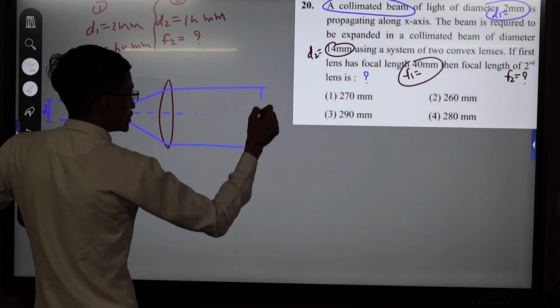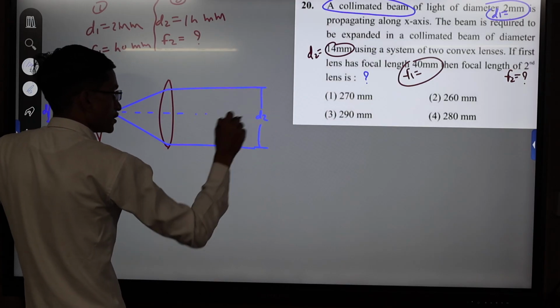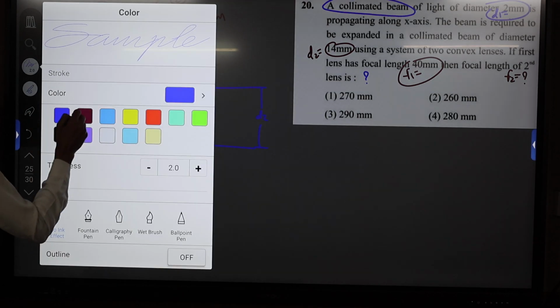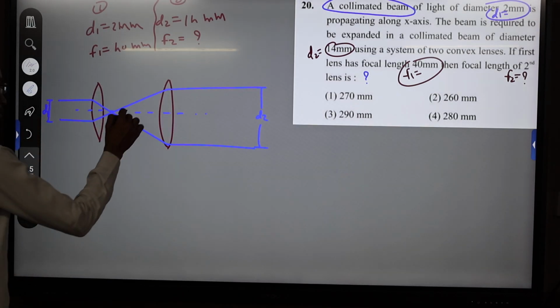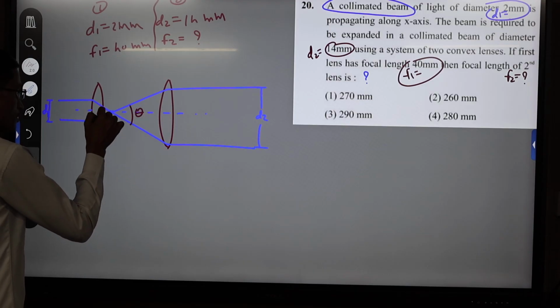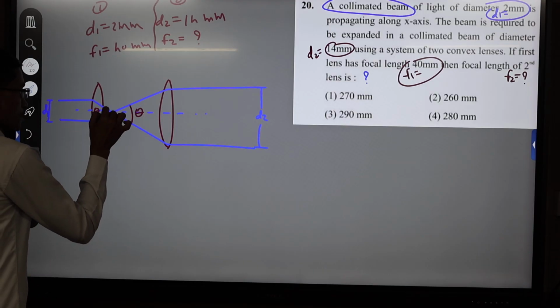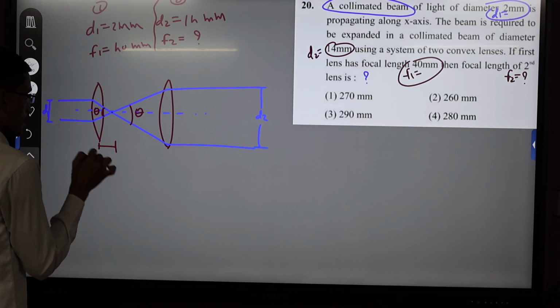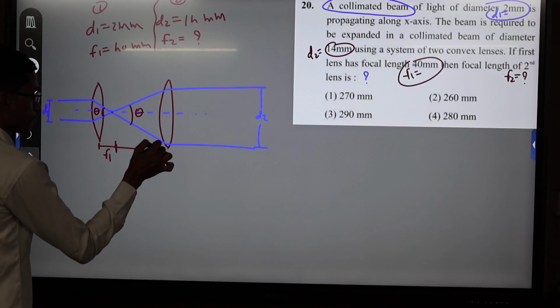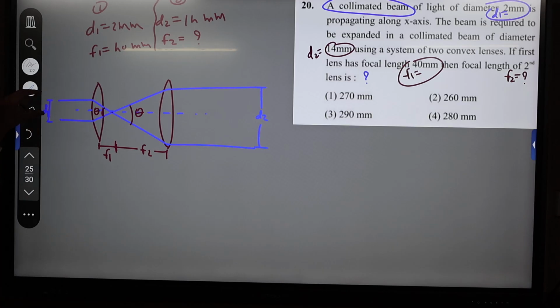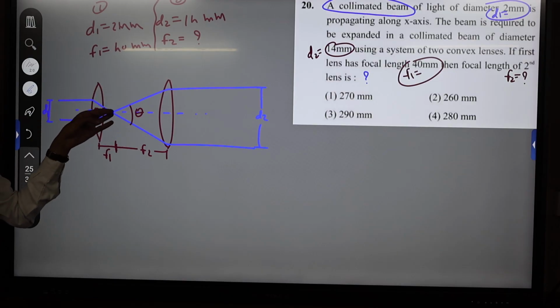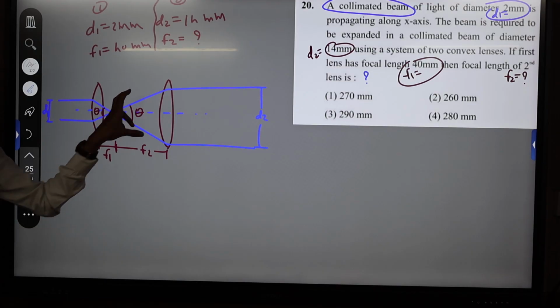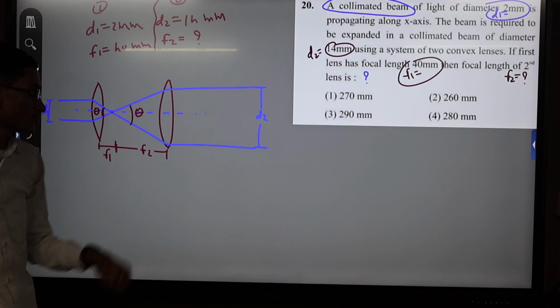So now the diameter of this beam will increase and this is called d2. From the physical configuration we can say that this is theta and this is also theta. Now this is the common point, but the distance of this point from this lens is f1 and the distance of this point from this lens is f2, because parallel light converges at the focus point of the lens, and if light is incident on a lens from its focal point, then the light will become parallel to its axis.